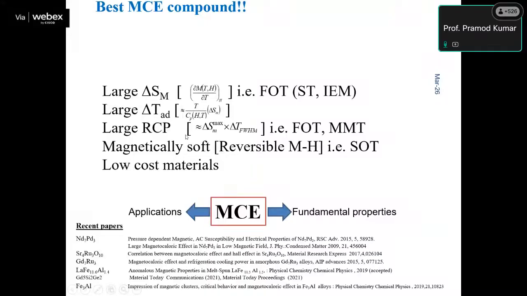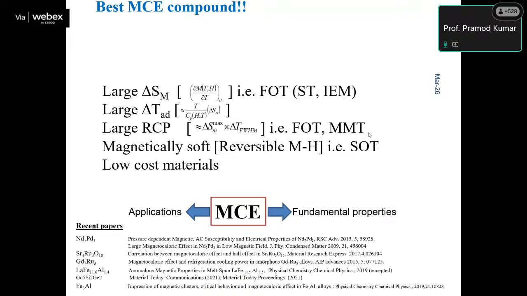And the third point is large refrigerating cooling power. You get it by taking the maximum peak of the isothermal entropy change multiplied by delta T, the full width at half maximum of that isothermal entropy change. Again, if you have a first order transition or multiple magnetic transitions in any magnetic material, then you can get large refrigerating cooling power.